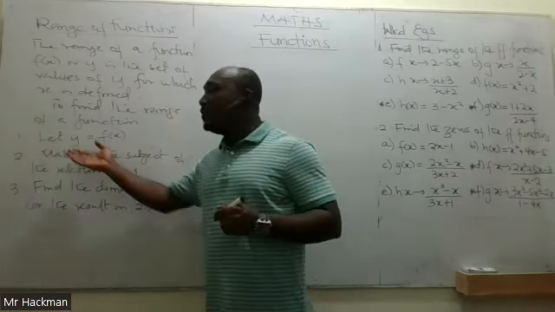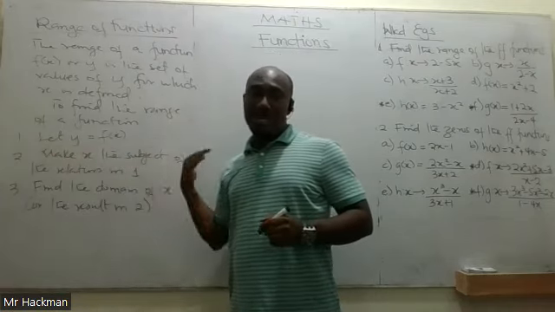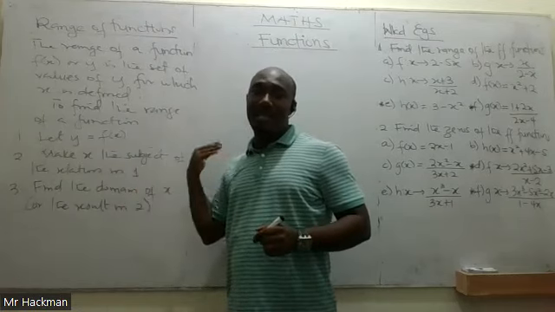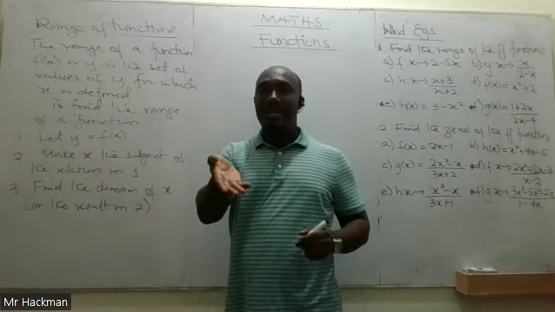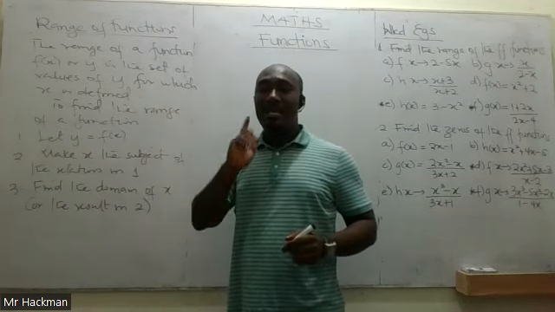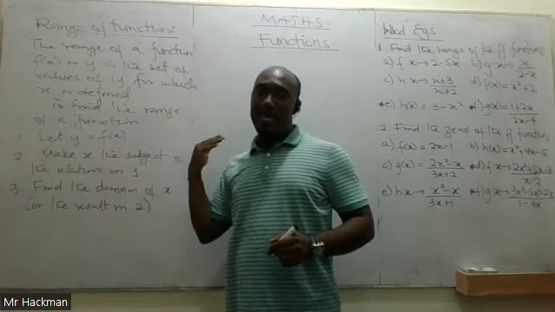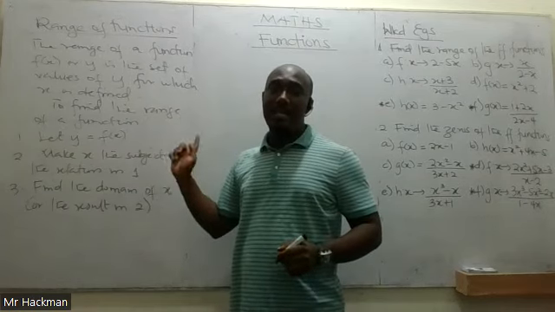In step 2, you make x the subject, so you get a relation here. You then find the domain of that relation. And immediately you find the domain of the result that is here, then automatically you get the range.